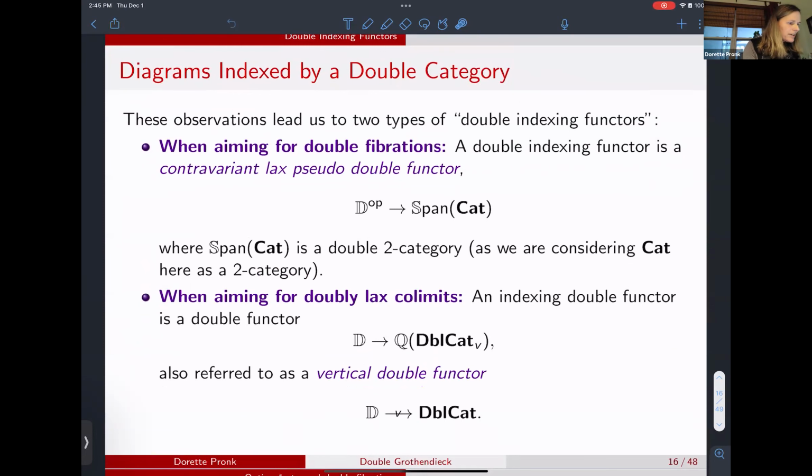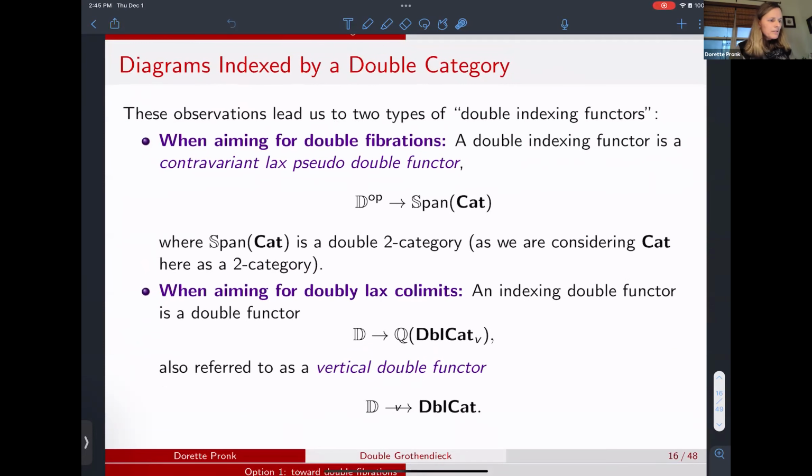So first of all, when we're aiming for double fibrations, we need lax pseudo double functors into Span Cats.